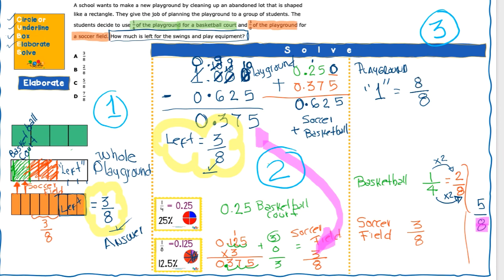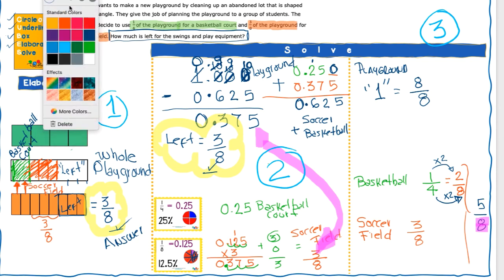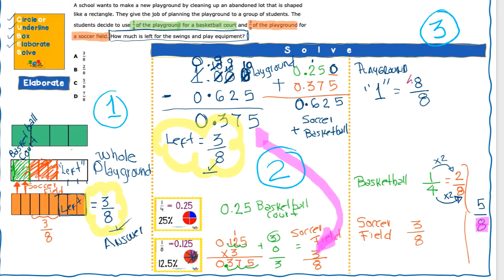So right here, I'm going to say that this 8/8 here is the same as the 1 that I have on the left. See? And now from these 8/8, I'm going to take away the basketball and the soccer field combined.